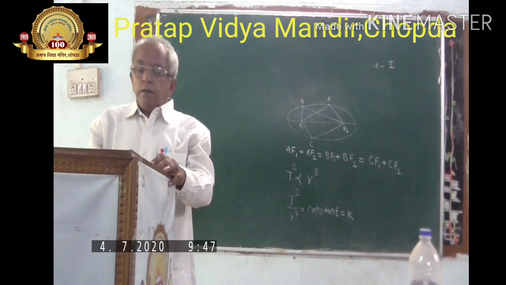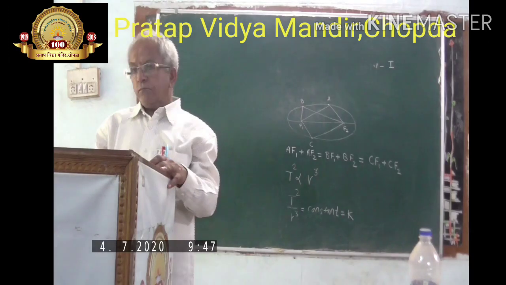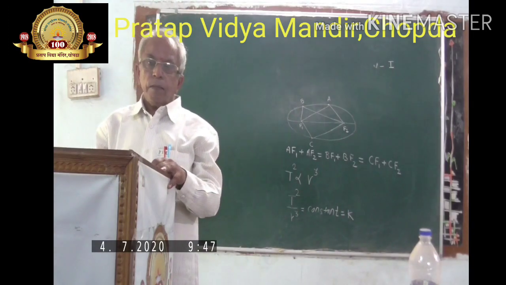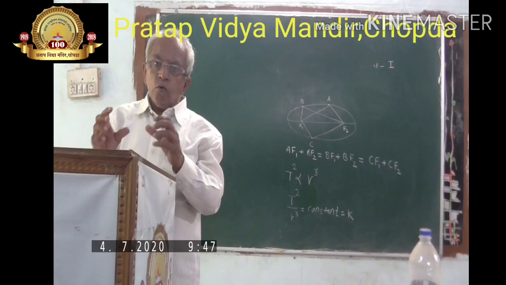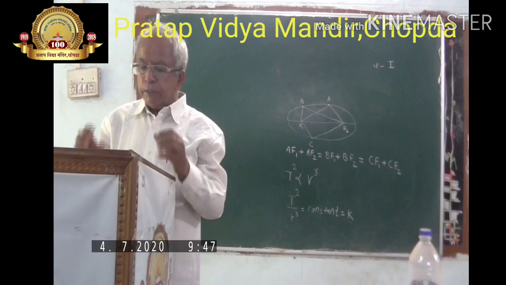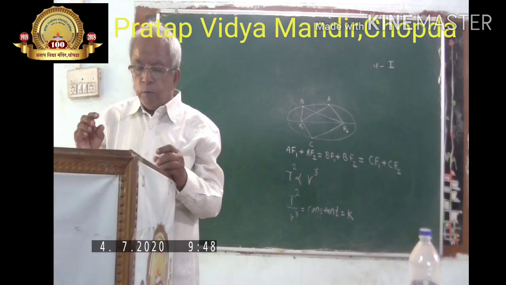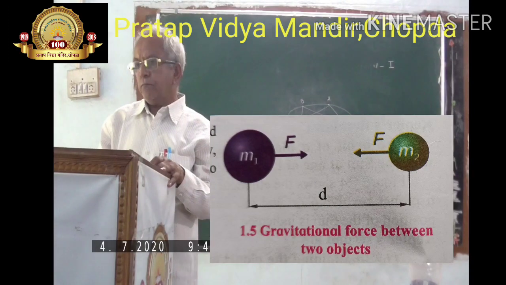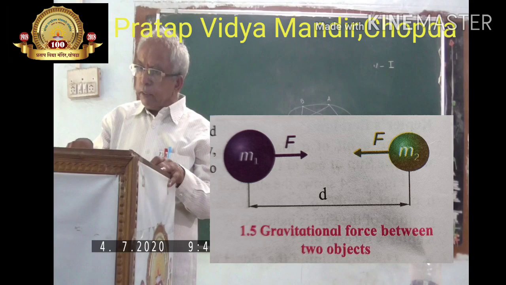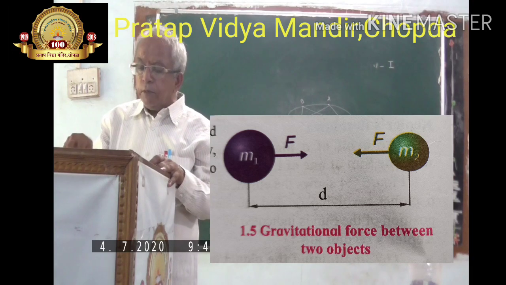Now, consider figure 1.5. In that figure, M1 and M2 are two objects with masses M1 and M2. These two objects are kept at a distance d from each other.